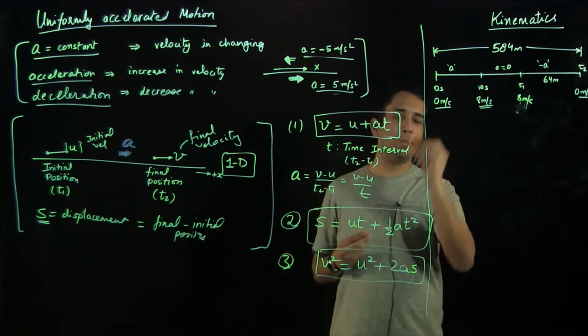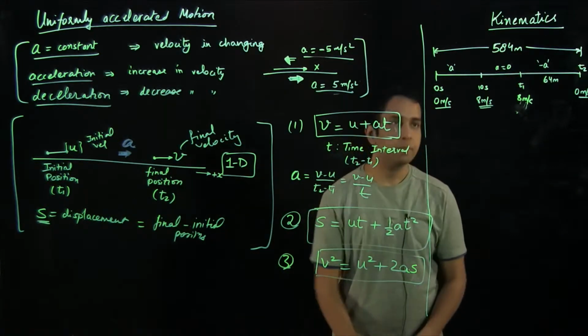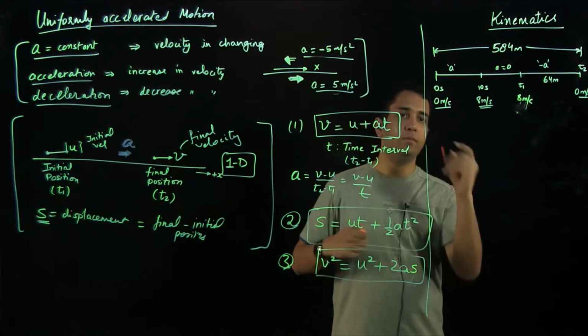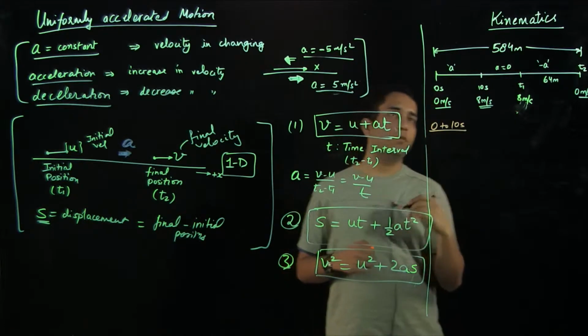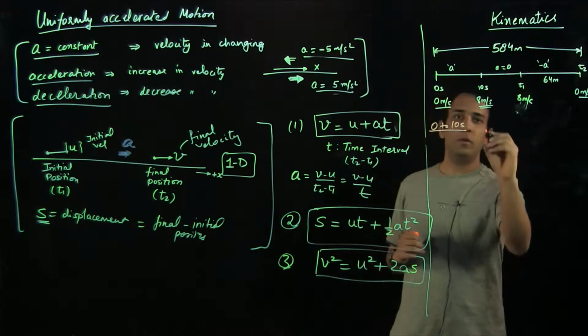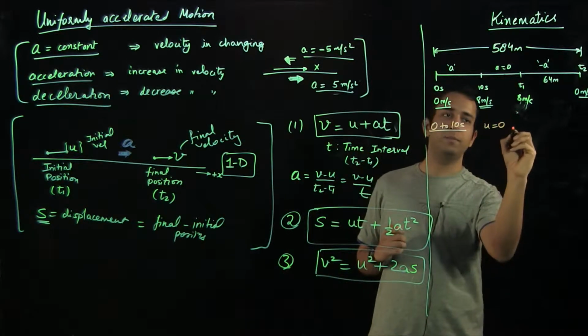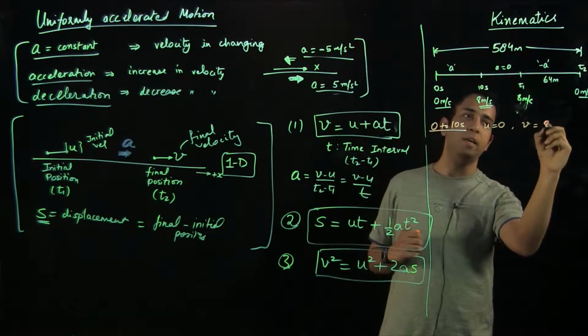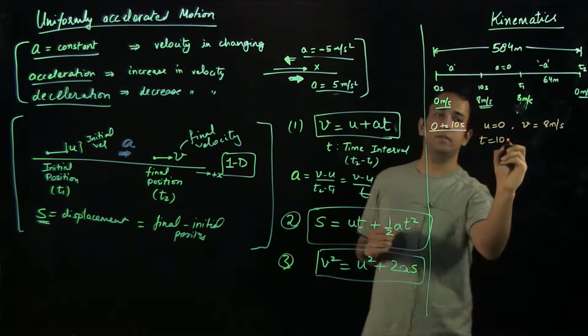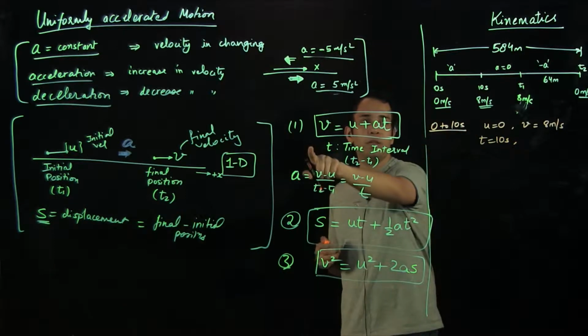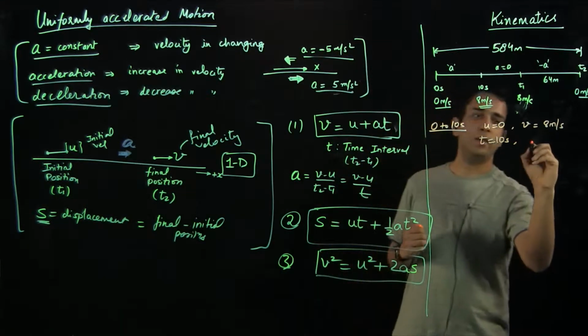So if I am considering the first time interval, which is from 0 to 10 seconds, what are the variables which I know? I know that my initial velocity is 0, my final velocity is 8 meter per second, and my time interval is 10 seconds. So I can use the first equation to find out acceleration.